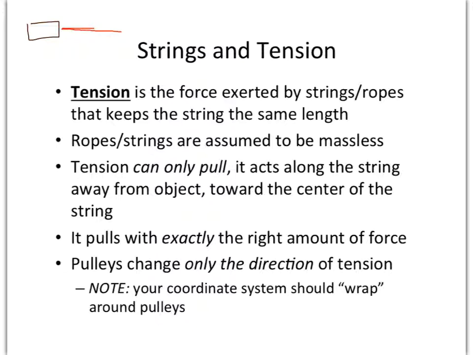We're actually doing work. We're actually wasting some energy, wasting some force, stretching that rubber band. We'll deal with that later when we get to springs, but tension is not a stretchy object. It's simply something that has the same length. So a string, a chain, a rope, all those have a constant length.